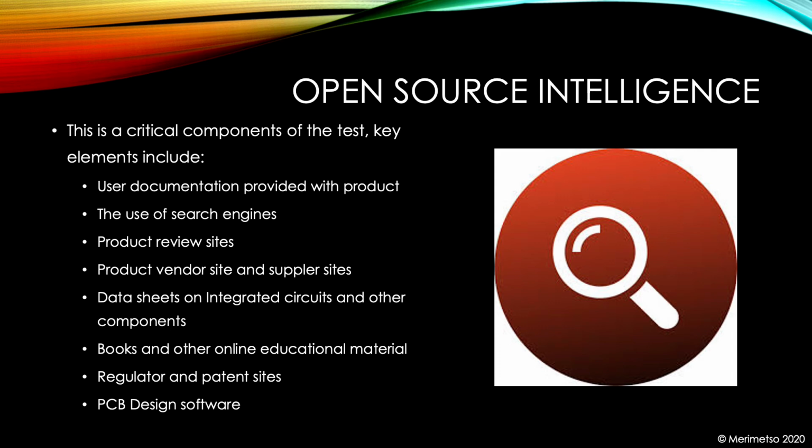You can also look at regulatory and patent sites and see what's been filed in terms of the protection strategies and methods. And finally, looking at PCB design software. These software packages often contain data about the integrated circuits that we want to analyse. So open source intelligence is critical to this process. In fact, it's very difficult doing a hardware vulnerability assessment exercise without good open source intelligence.